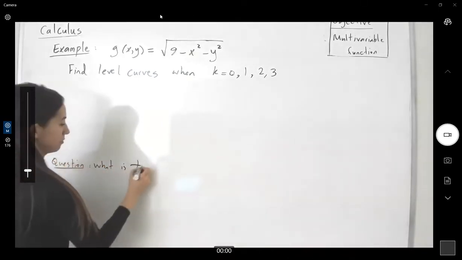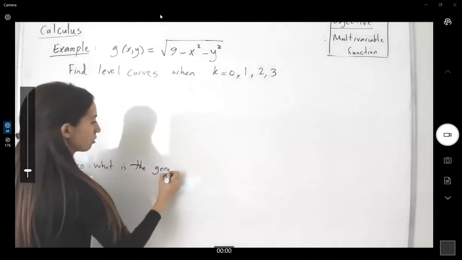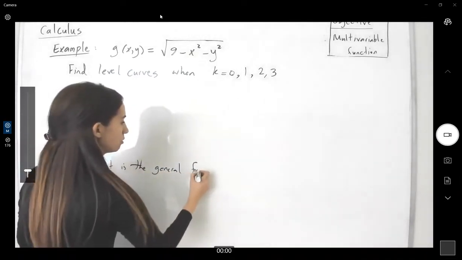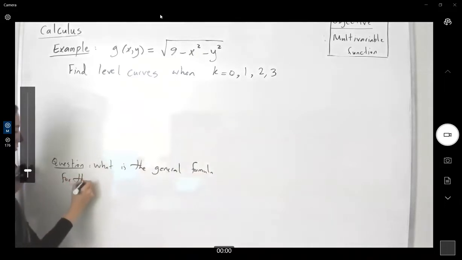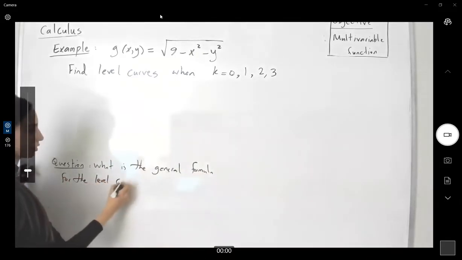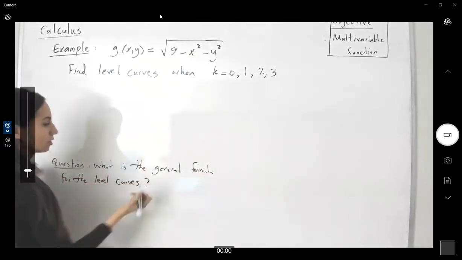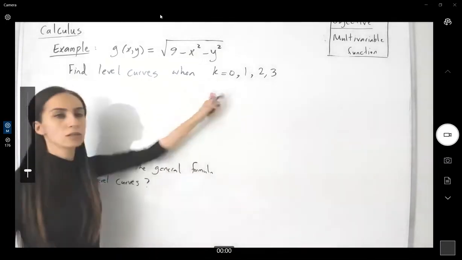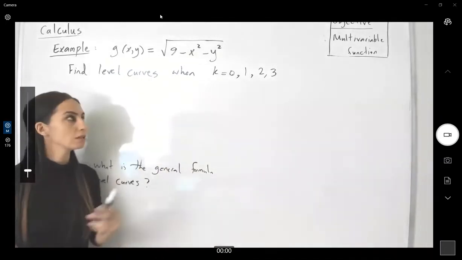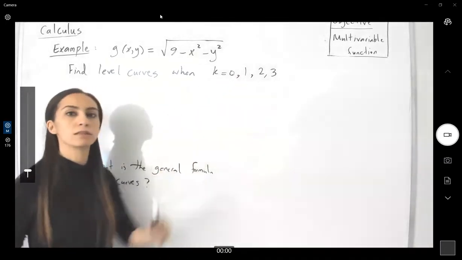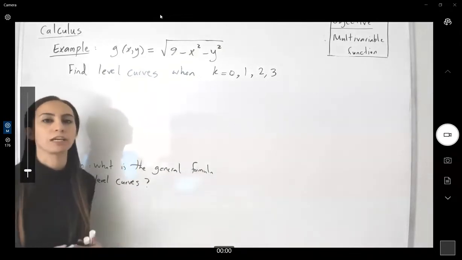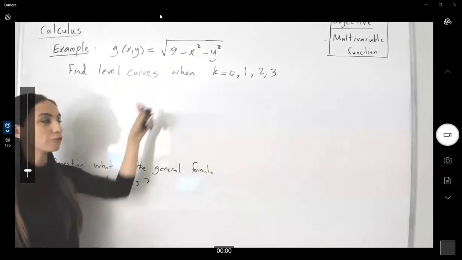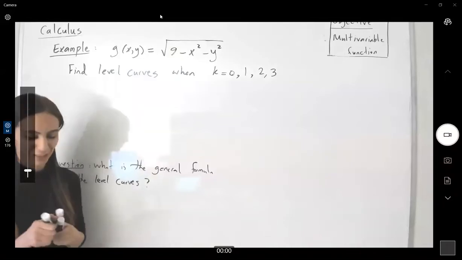What do I mean by that? It means that suppose k doesn't have these numbers. What if k is just a fixed number like k? How do we find the formula for the level curves?